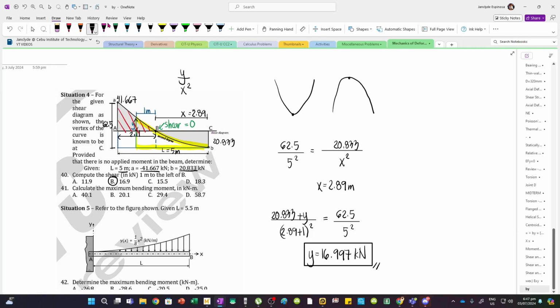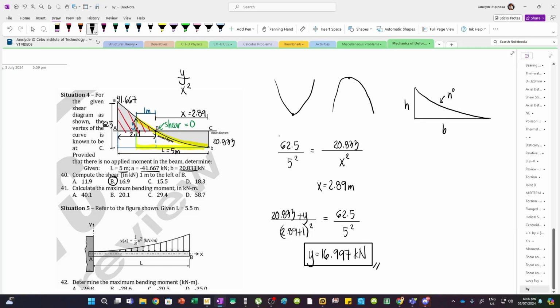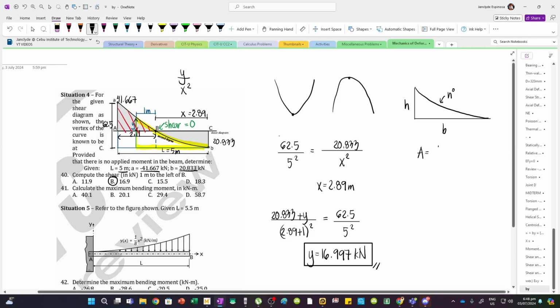Let's recall the area of a spandrel. For spandrels, this can be any degree. We have base, height, and the area of a spandrel is actually BH divided by n plus 1. This is your base, this is the height, and this is the degree of the curve.